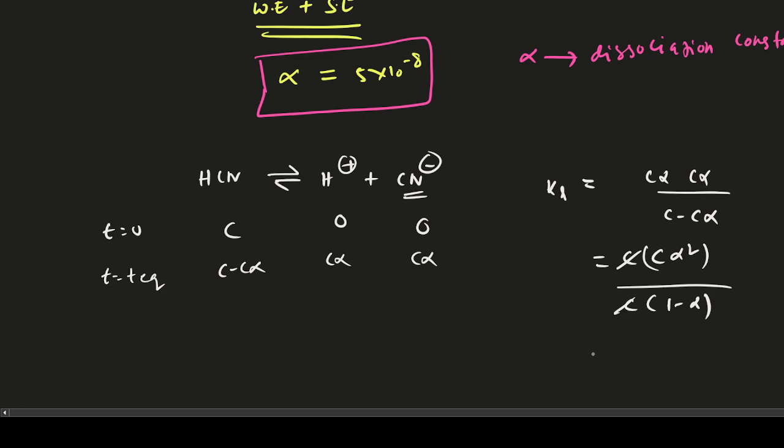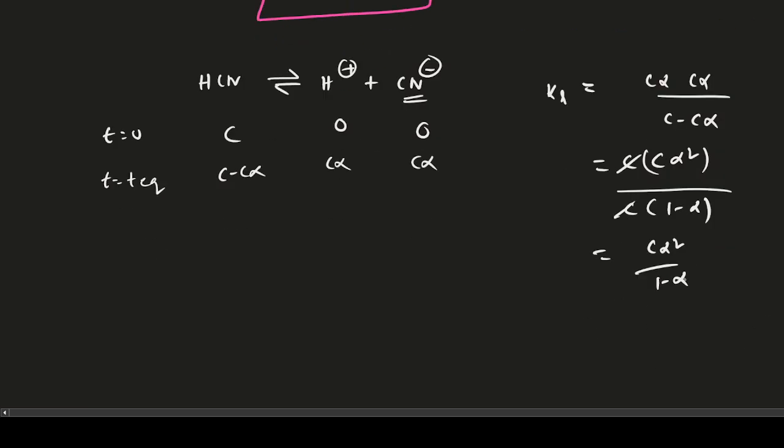So C cancels, giving C alpha square over 1 minus alpha. Since alpha is very small compared to 1, because this is a weak electrolyte, only 5% or less dissociates, 1 minus alpha is nearly 1. So Kd is equal to C alpha square.